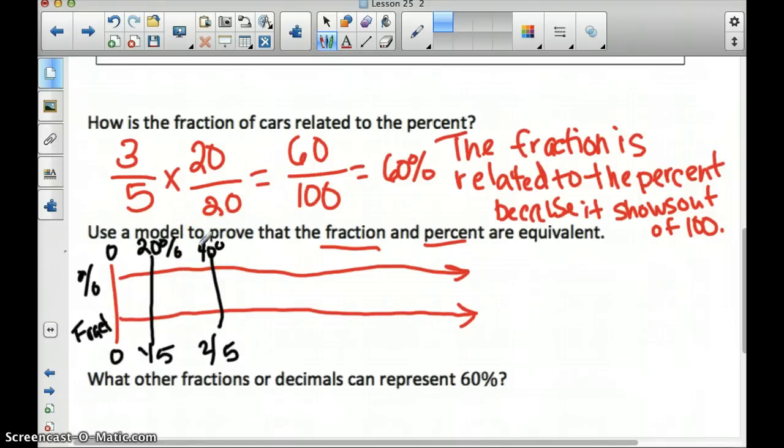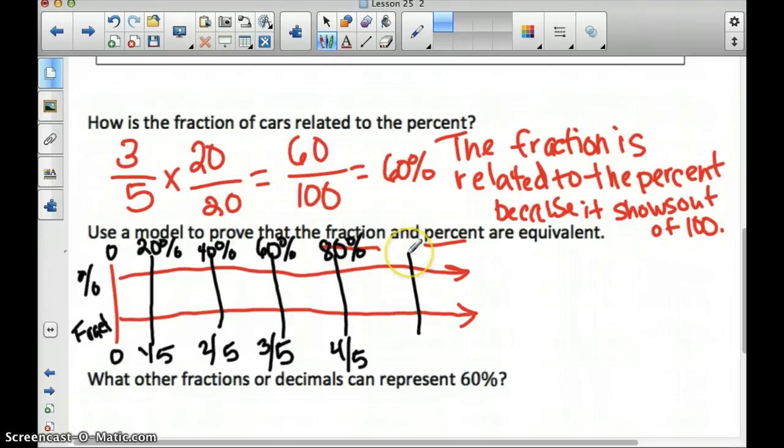Notice how we're counting by 20s on the top row, going up each time on the bottom. 3/5 is 60%, we have proved that. 4/5 is 80% because 60 plus 20 is 80. And our last one, of course, 5 out of 5 is 1 whole, which is equal to 100%.